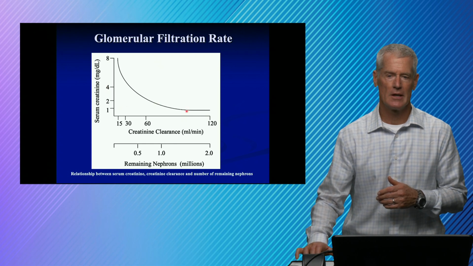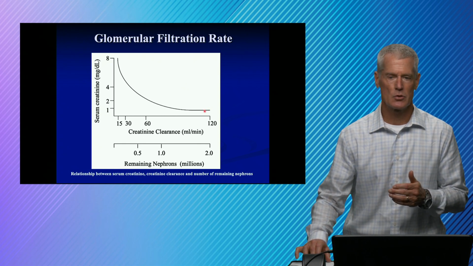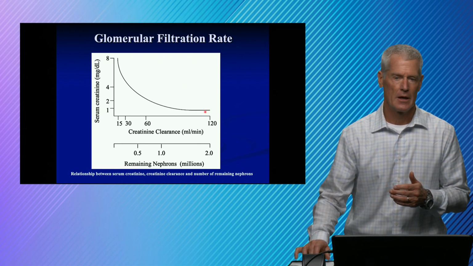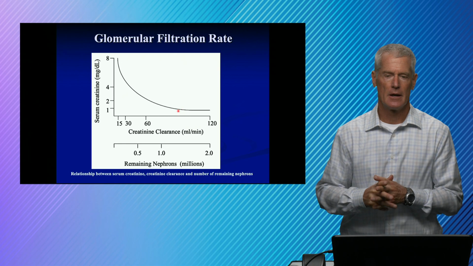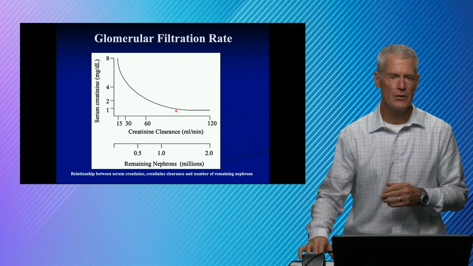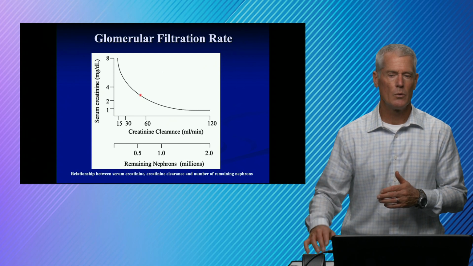And what you can see is typically if you've got two fully functional kidneys, you have GFRs somewhere around 120. As you decrease, this is a really small increase in serum creatinine. You don't see large increases of serum creatinine until you've lost a full kidney, which sort of makes sense.